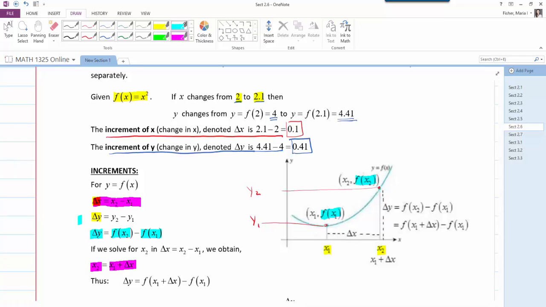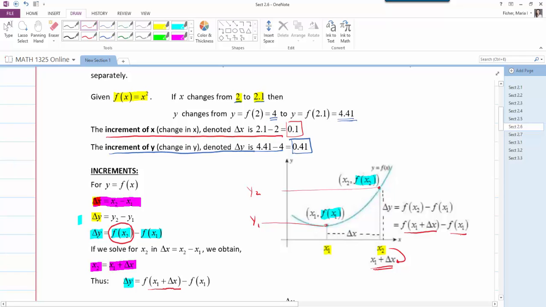So for delta y, instead of it being f of x sub 2 minus f of x sub 1, we can see it as f of x sub 1 plus delta x minus f of x sub 1. Over here I've pointed out that x sub 2 is the same as x sub 1 plus delta x, and that delta y is the same as f of x sub 1 plus delta x minus f of x sub 1.